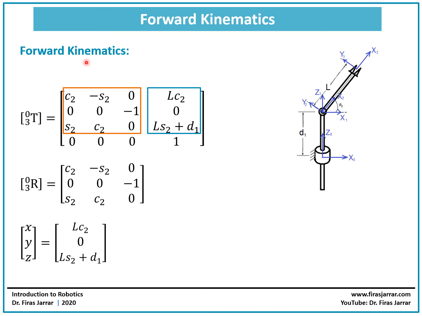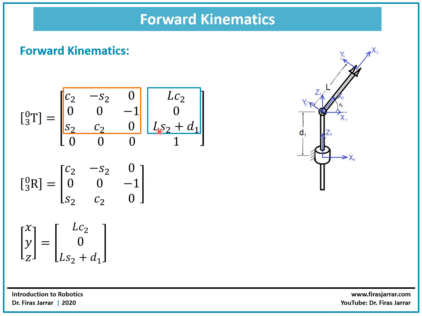So this is a summary of the results that we got for the forward kinematics. This is the transformation matrix representing the orientation and position of the end effector frame, frame 3, with respect to frame 0. The transformation matrix consists of two submatrices. One would be the rotation matrix here, which is R3 to 0, which represents the orientation of this frame with respect to the base frame.